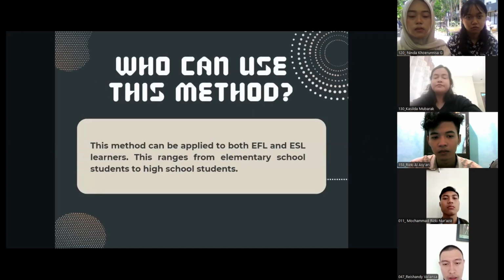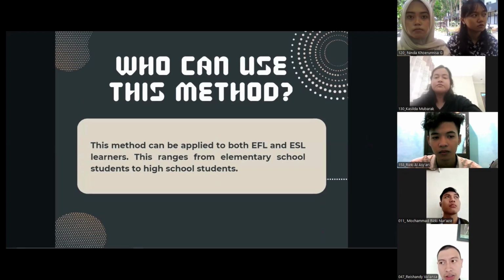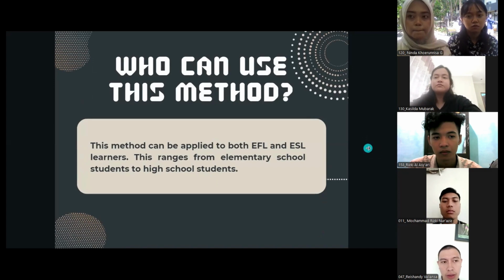Moving on to who can use this method. So we believe that this method can be applied to students from different educational levels, starting from elementary school to high schools.